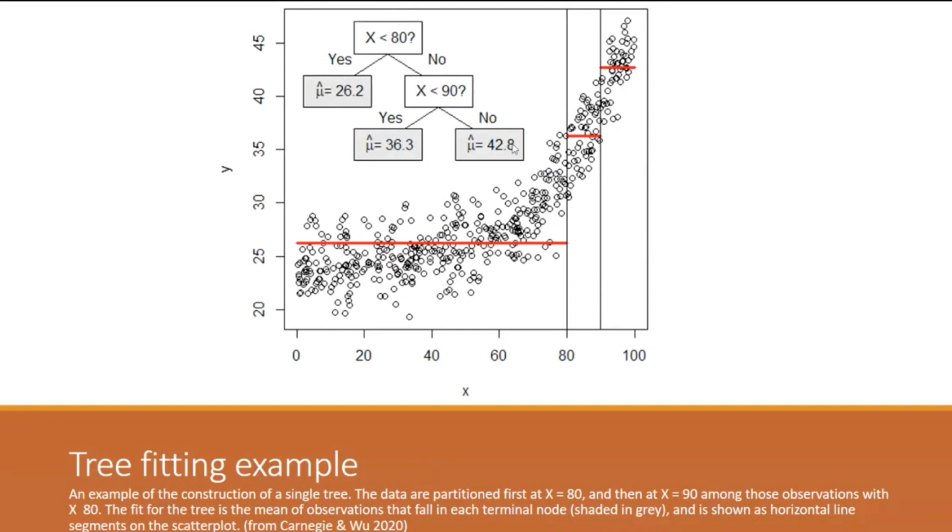No. Is it less than 90? No. So then we're dropping down into this terminal node and estimating a mean of about 42.8. And so the fit from the tree can be visualized as these horizontal red line segments. So this is essentially the step function that is the regression that we get from this algorithm to partition the data.